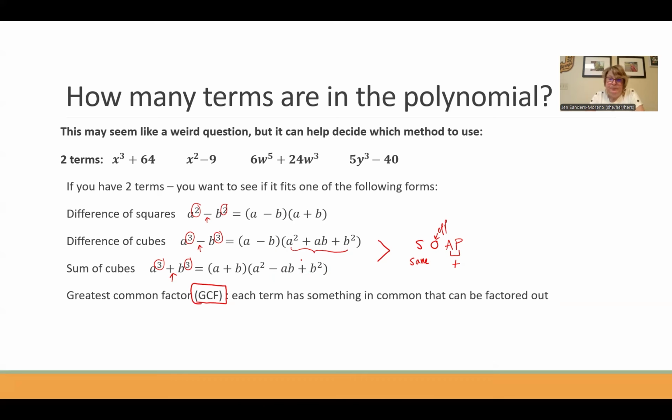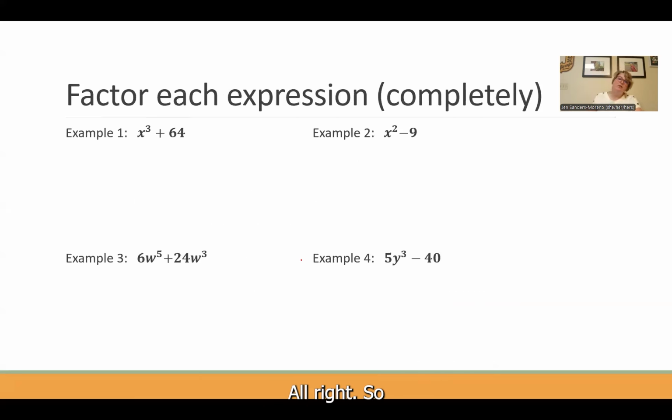All right, so here we go. How we would do this, of course, since I've mixed them all up, is the first thing I want to do is see, hey, how many terms do I have? I have 2. I'm noticing a cube, and I'm noticing a plus sign. And there's nothing in common in both, so this is definitely not a GCF.